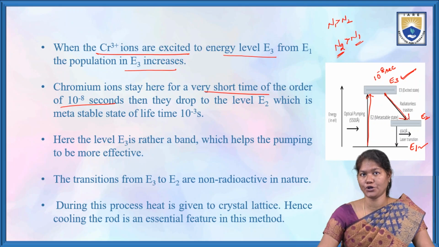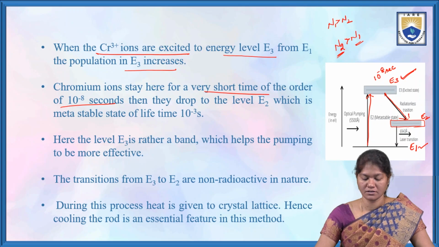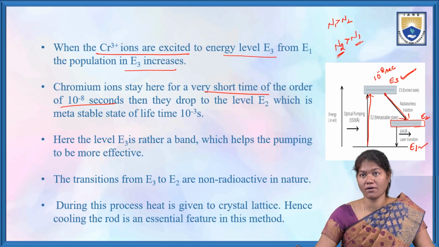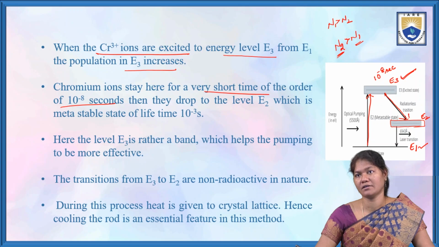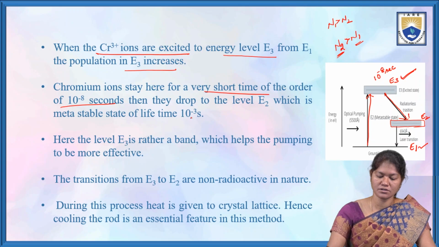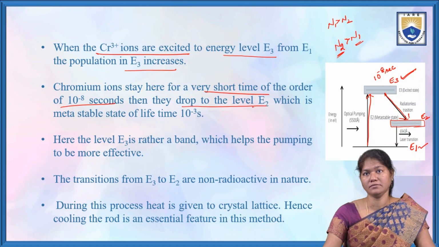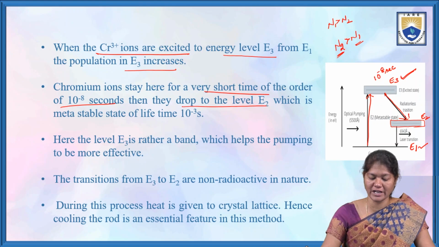E2 is a metastable state where the ions have a longer lifetime. So they drop to the level E2, which is a metastable state of lifetime 10 power minus 3 seconds.